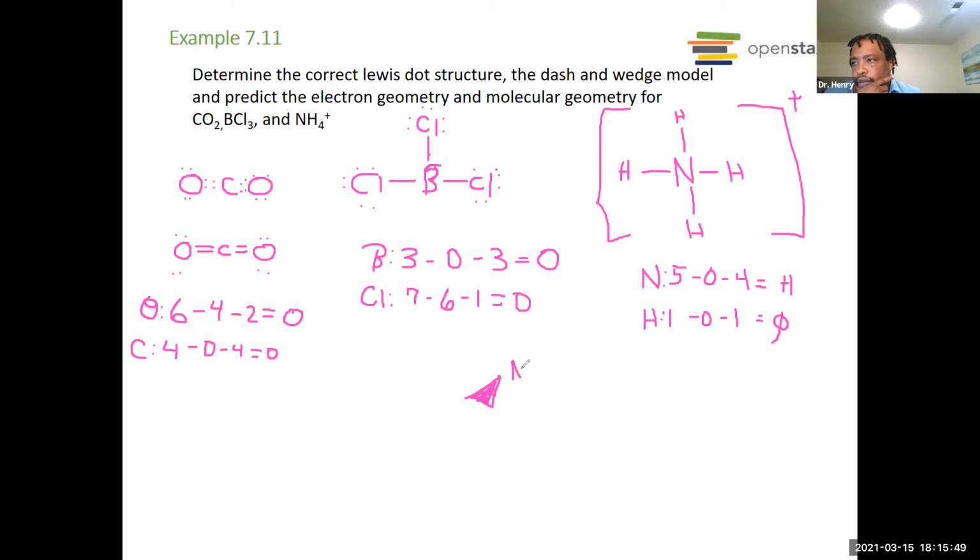So in the case of the nitrogen of the ammonium, we'd have a hydrogen coming out this way, one going towards the back, one coming up, and one in the same plane.